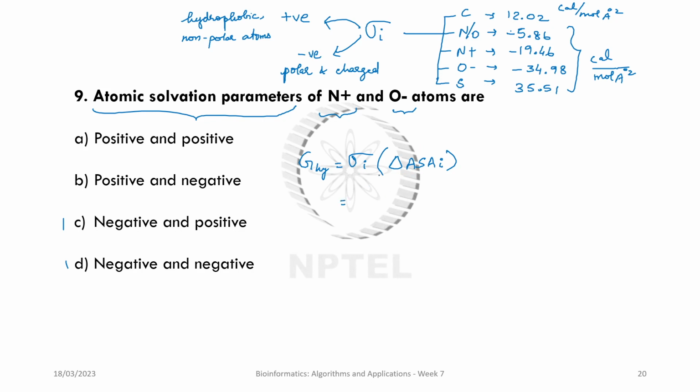And this delta ASA can be expanded as the solvent accessible surface area of folded state minus solvent accessible surface area of unfolded or extended state.